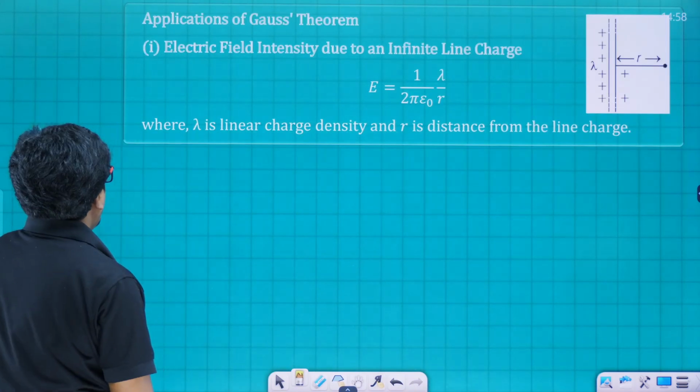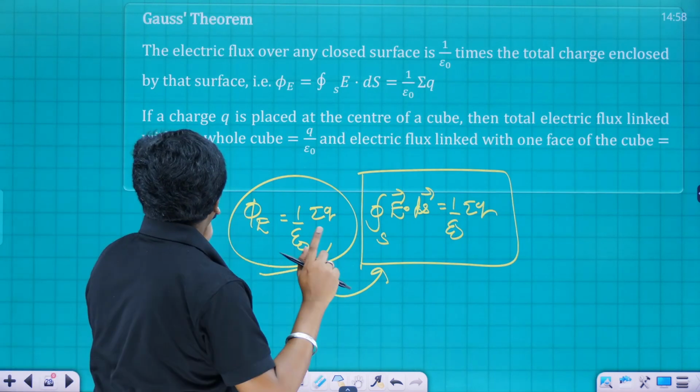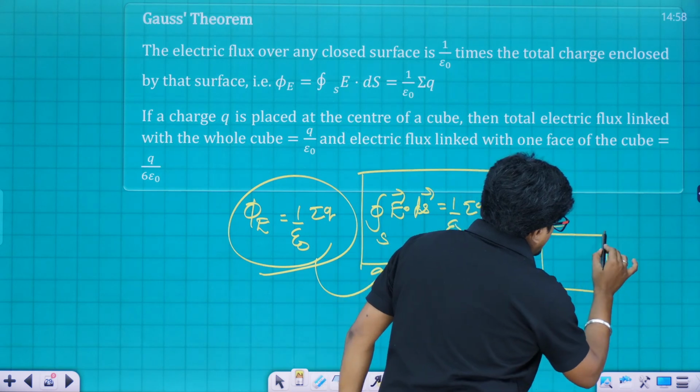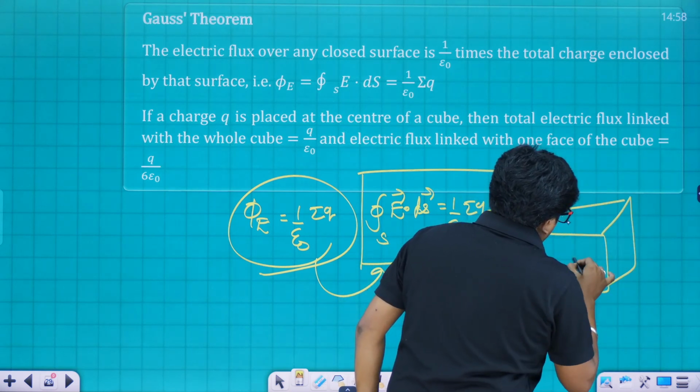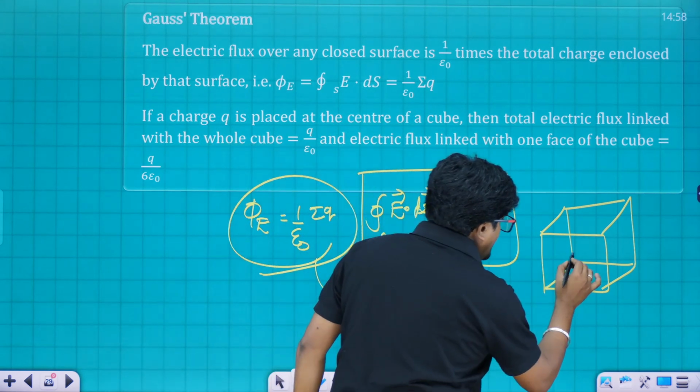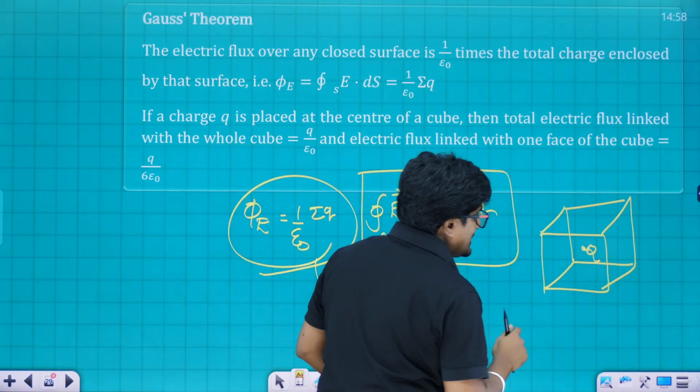Now, I missed that part. This is again a very important piece of information. Let me consider a cubical Gaussian surface like this, and let me have a charge exactly placed at the center.